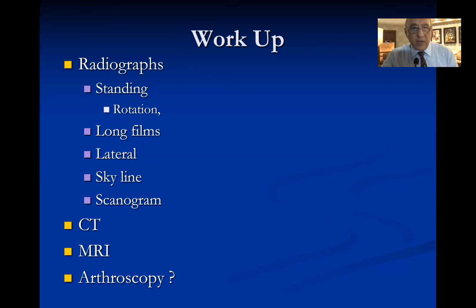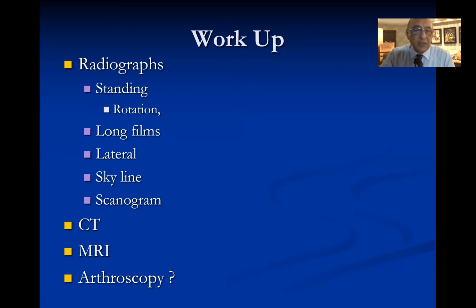Check for ligament instability, and you feel for patellofemoral joint osteoarthritis. To do the workup before doing the osteotomy, we need to do radiographs in the standing position, it must be in the standing position, long films with the rotation corrected by making the patellae face forwards. We do lateral views for the patellar height.